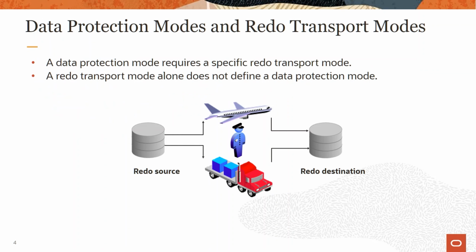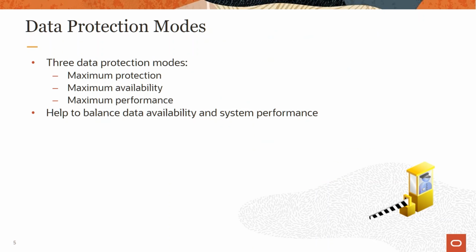When a condition is met under the data protection mode, specific actions are taken. So the redo transfer service, the conditions, and also the result of a certain condition all together define data protection mode. There are 3 data protection modes available.